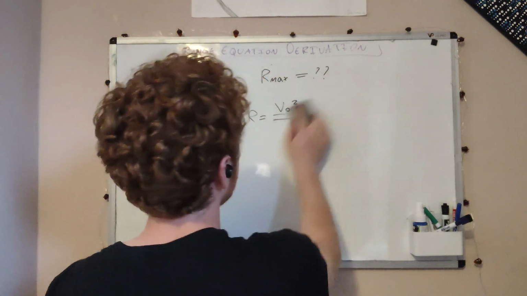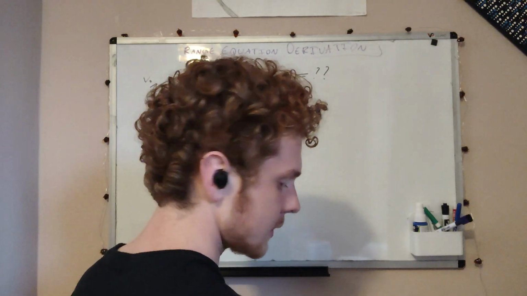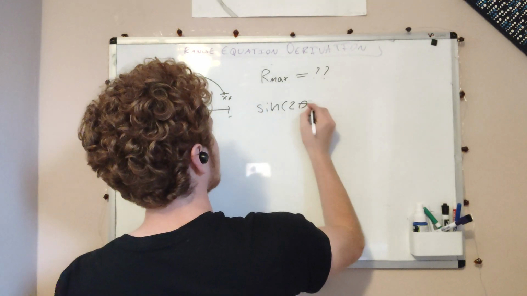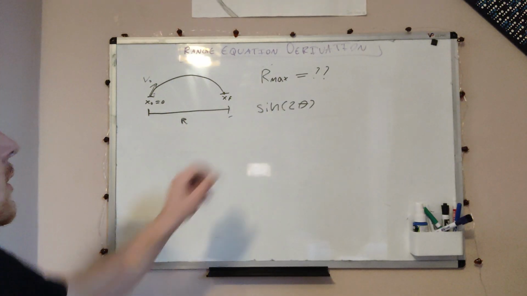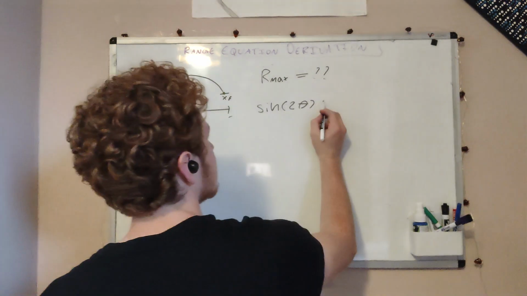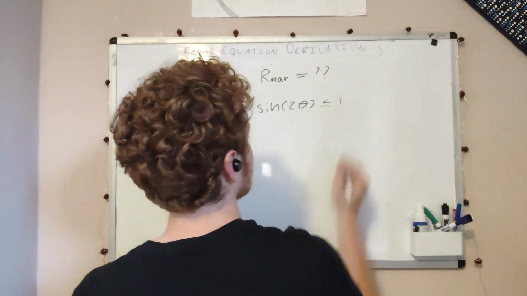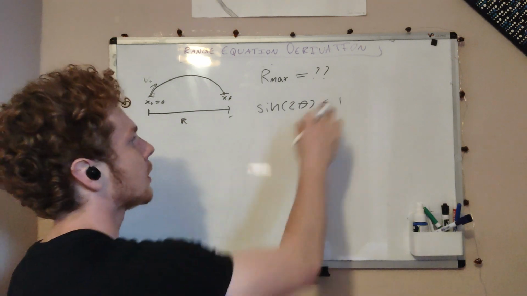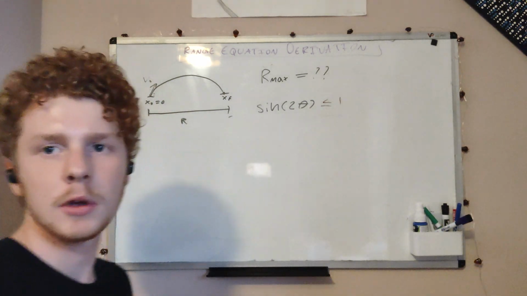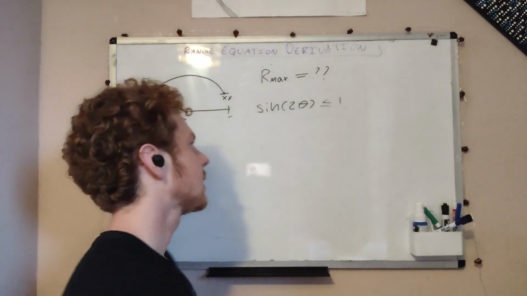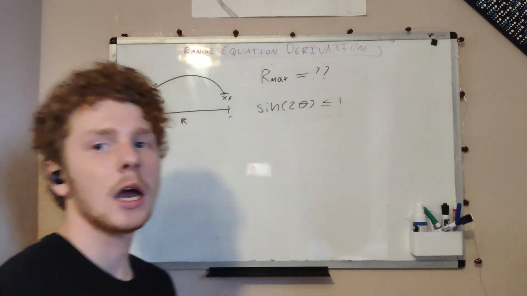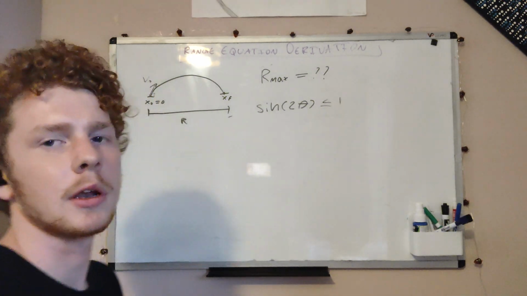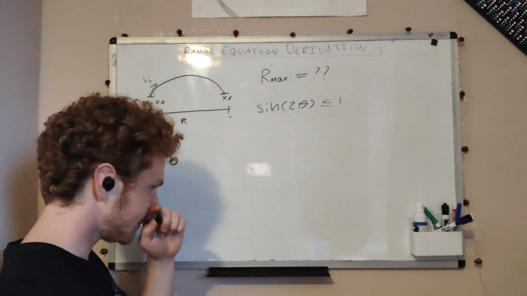So let's look at this function. We know that there are constraints to the sine function in that it's less than or equal to 1. And we want to maximize this, right? So we want it to be at its most positive and greatest value, and that is, of course, 1. So at its most, sine of 2 times theta is 1, or sine of any function is 1.